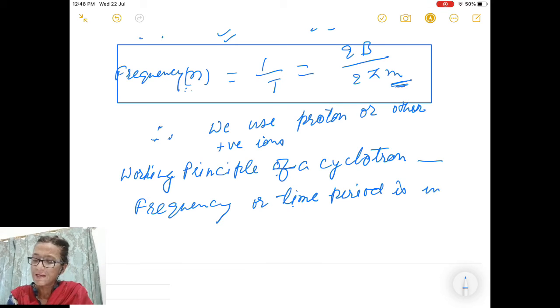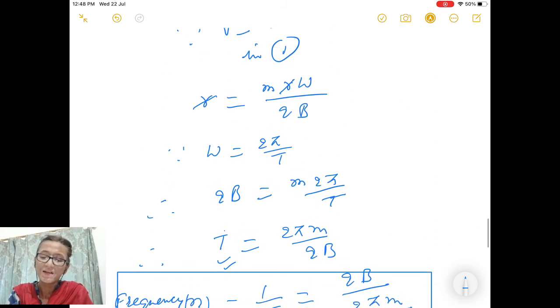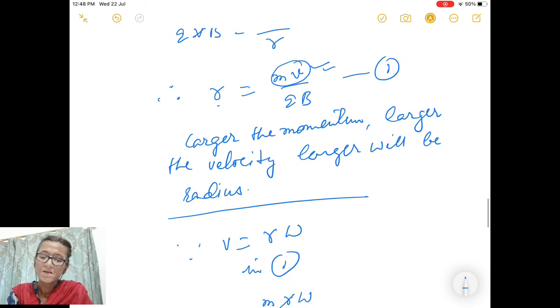But radius, from this equation you can see, is proportional to velocity.